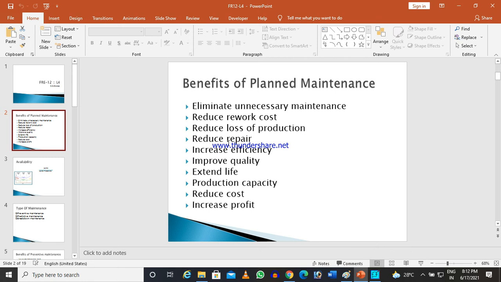It will be a cumulative deterioration of the efficiency of the entire system. So definitely, to increase the efficiency of a system, you need to go for planned maintenance.